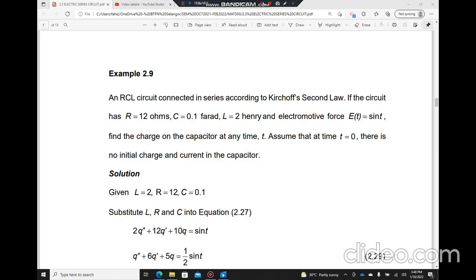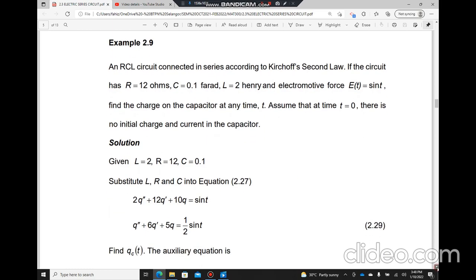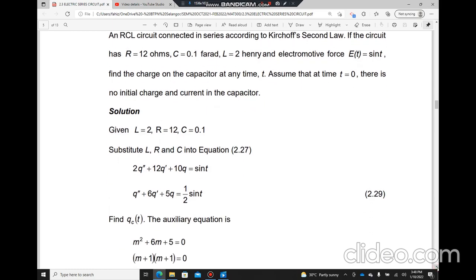Assume that at time t equals to 0, there is no initial charge and current in the capacitor. So, kat sini dia inform ni, maknanya dia no initial charge, maksudnya Q0 equals to 0 and current I0 equals to 0. So first of all, kumpulkan dulu information.